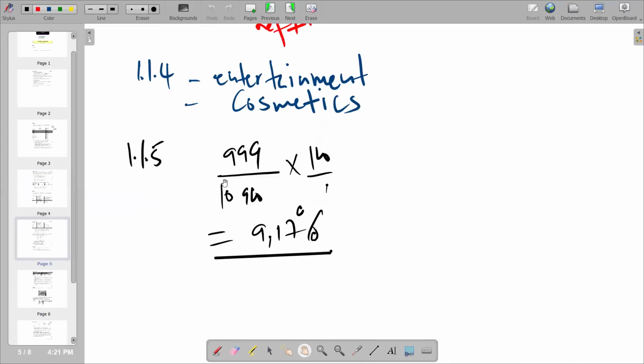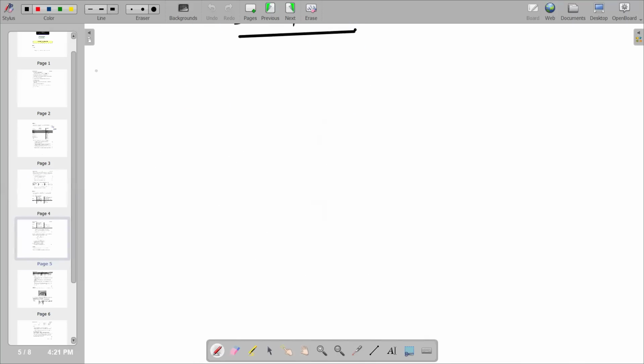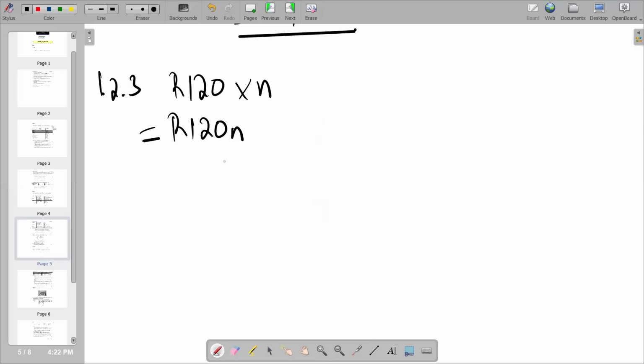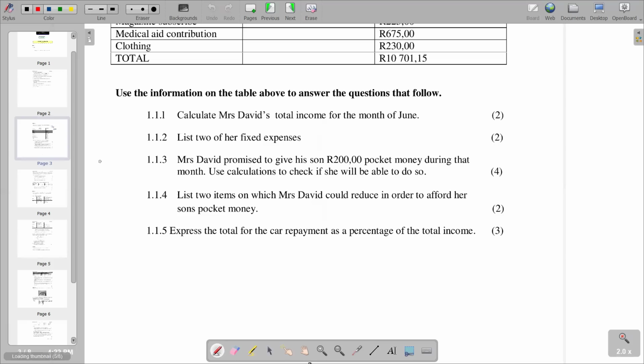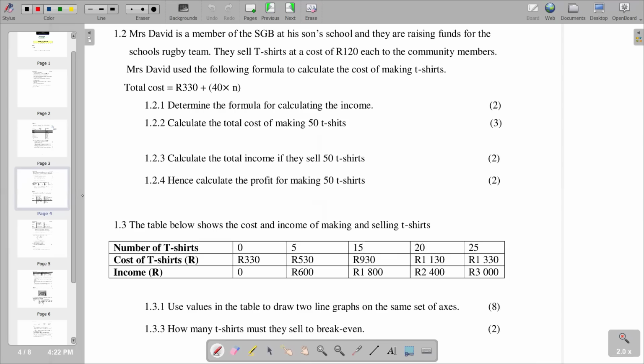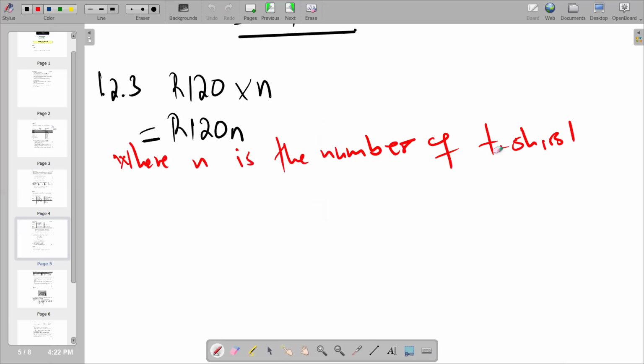So we can say, as our 1.2.3, we are saying 120 rands times N, which obviously is equal to 120 rands N, where N is the number of t-shirts sold.